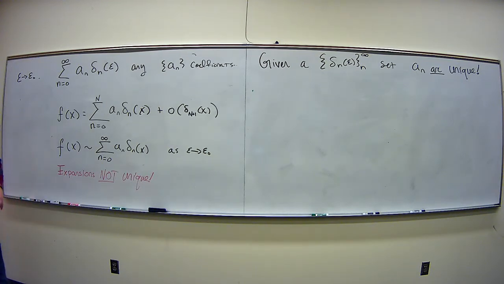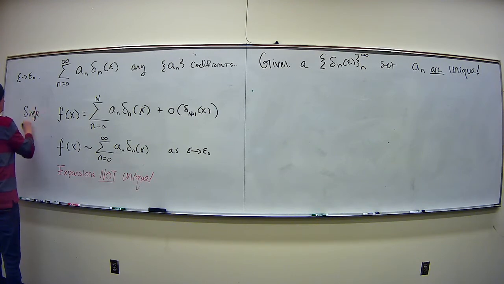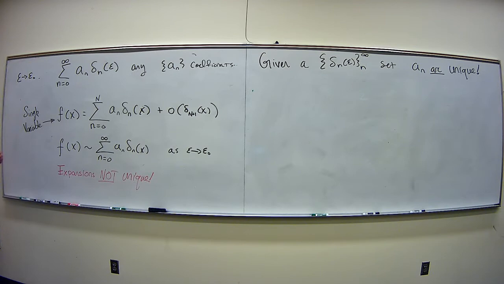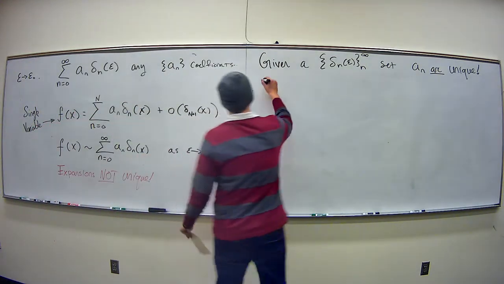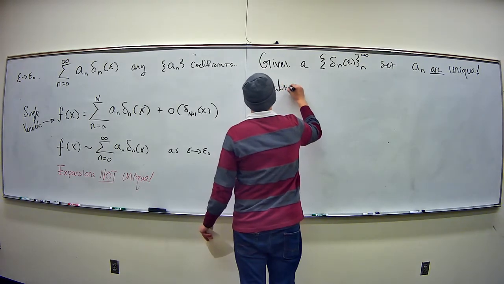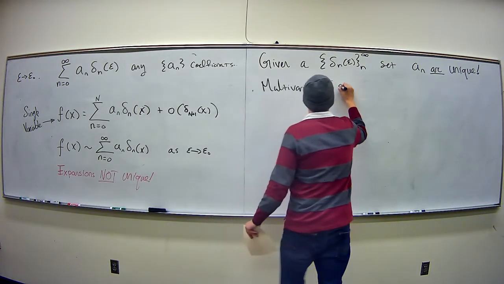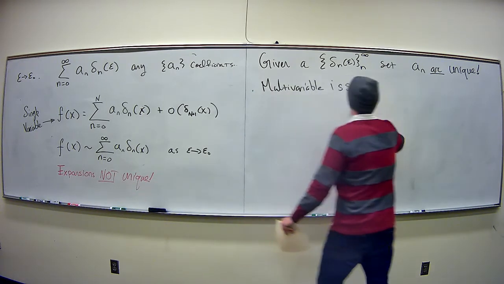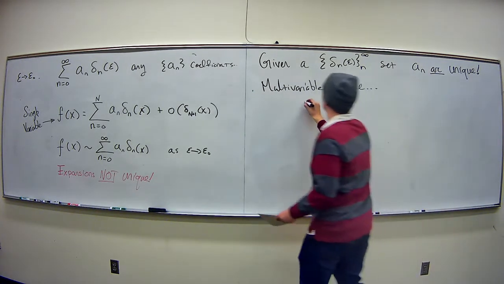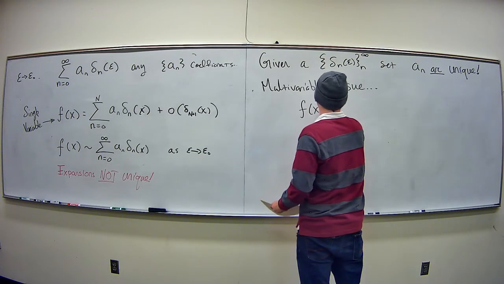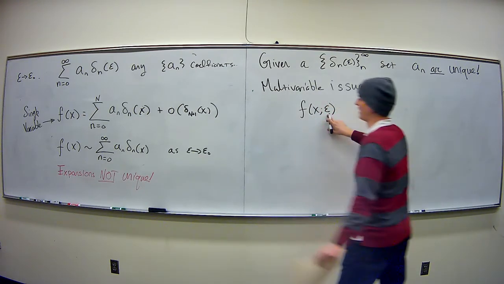So this is single variable, though, right? Okay. Going from single to multivariable, you get issues. And the one issue for multivariable is this. So then similarly, you have the exact same thing, and let's say we have some parameter epsilon.